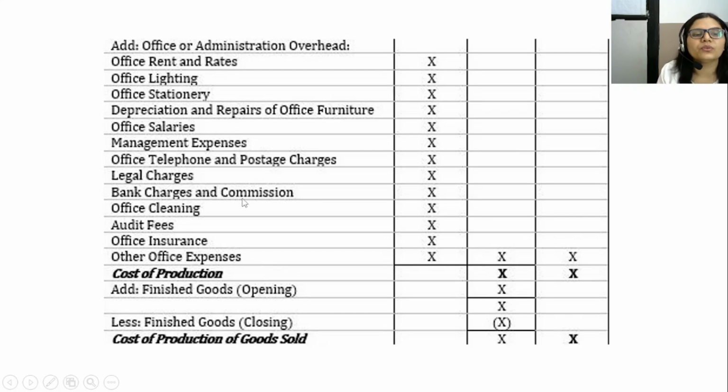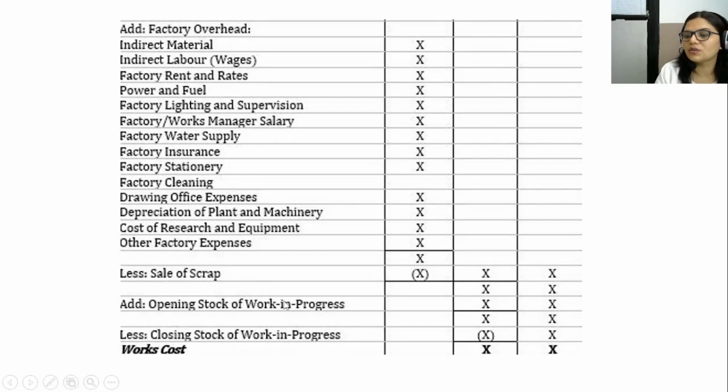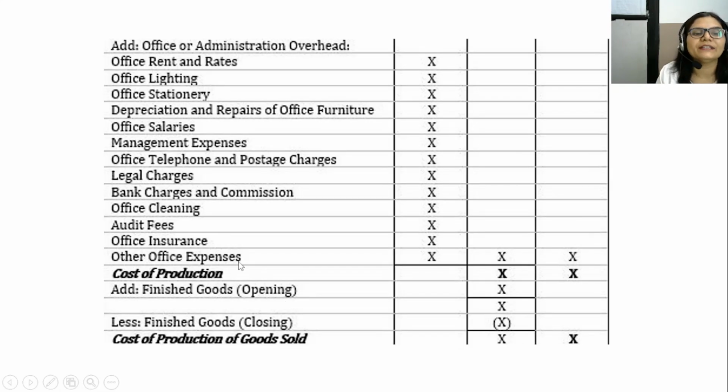These are all known as office and administrative overheads. When they are added to the work cost, we arrive at the cost of production. And we will write this cost of production in the total column.